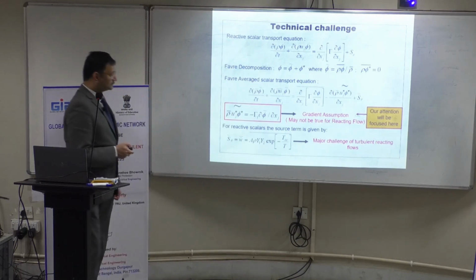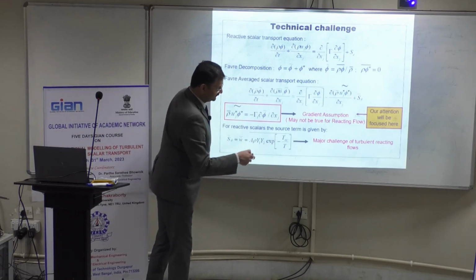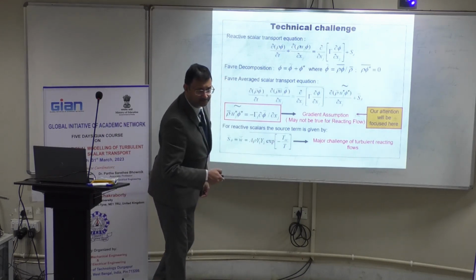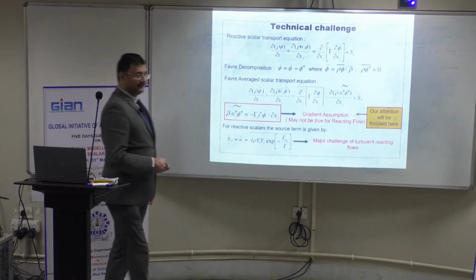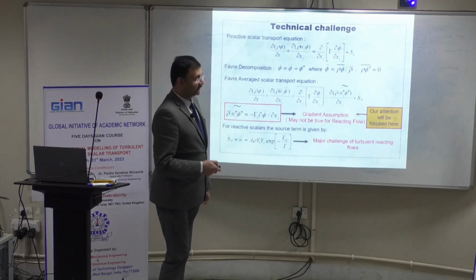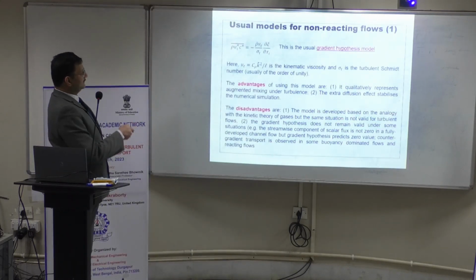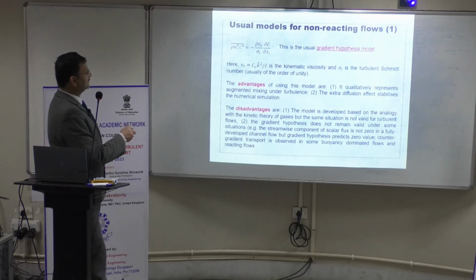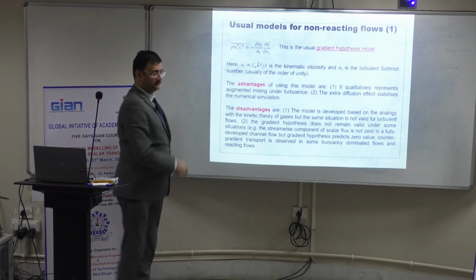And we talked about the challenges involving the closure of this term because of the highly nonlinear dependence on temperature and species mass fractions. The same thing, the gradient hypothesis model, is presented here.